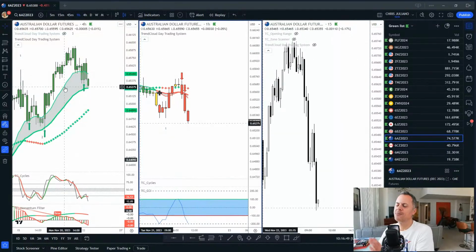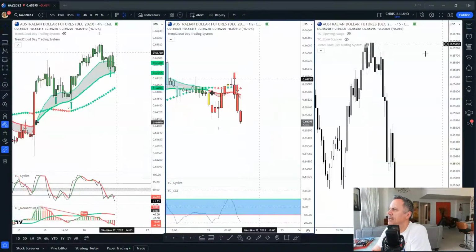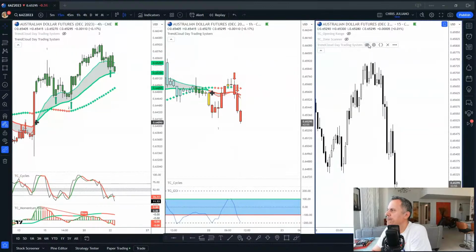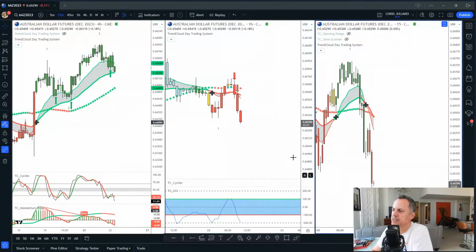The high time frame is still up, and that's okay. The middle time frame and the low time frame momentum are all down, so we can rejoin and get in on that. Everything's cycling down, momentum is down.